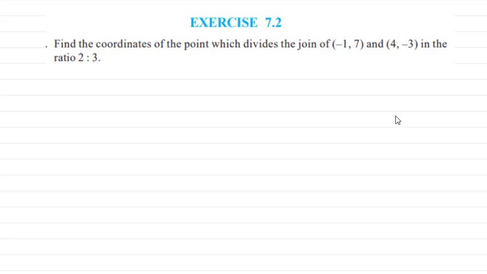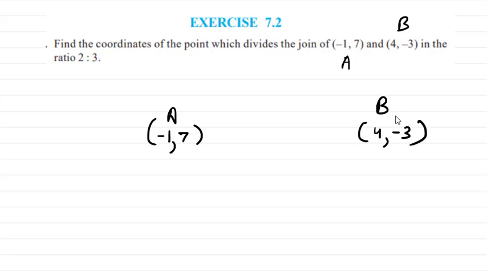So here we have a question. Find the coordinates of a point which divides the join of (-1, 7) and (4, -3) in the ratio 2 : 3. Let's say the first one is A and the second one is B. So A is (-1, 7) and B is (4, -3).